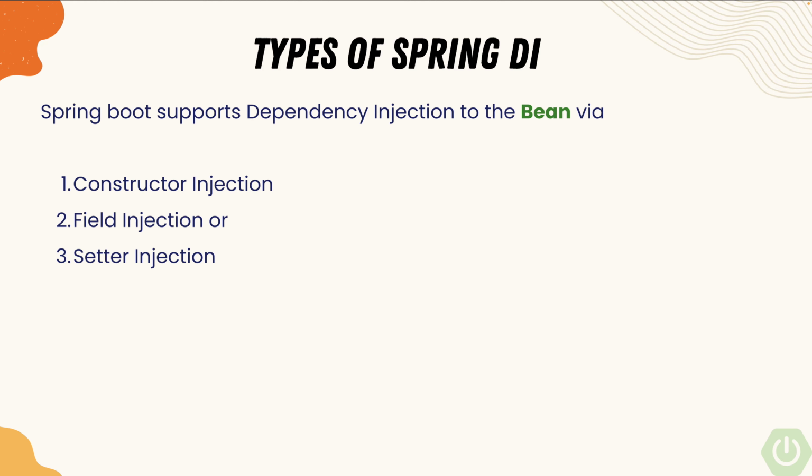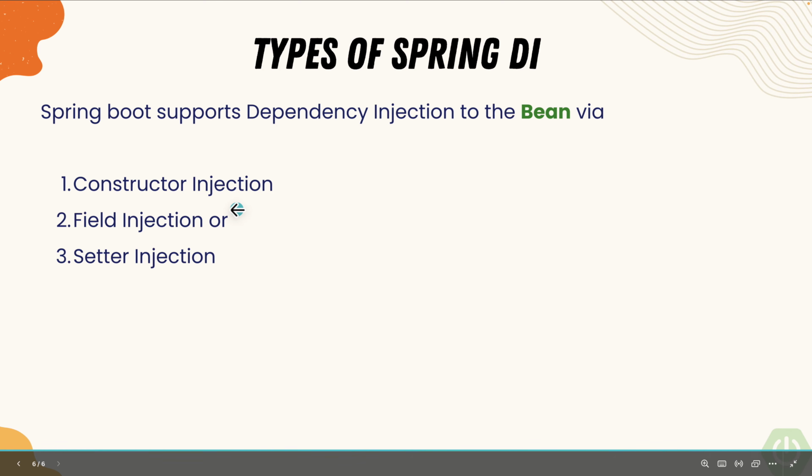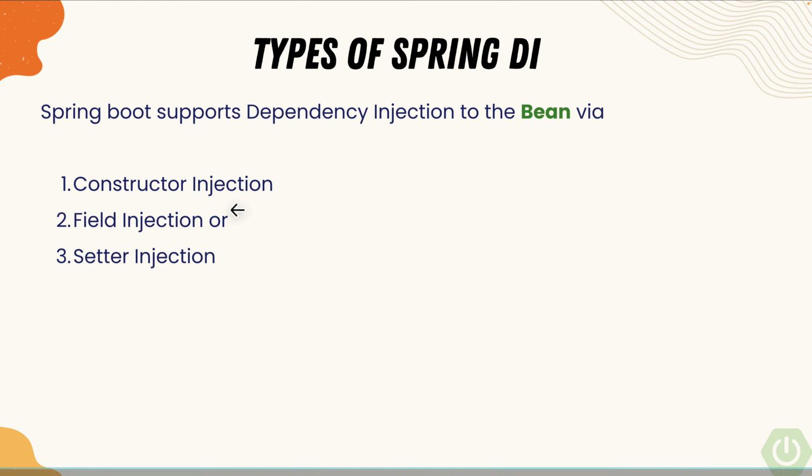So that's how these dependency injections are done. And the most recommended type of dependency injection is constructor injection, and we will talk about these types of Spring dependency injection in a later part of this particular section. But for now, this is just a high-level glimpse of what types of dependency injection Spring supports or offers. Well, as I said, we are going to discuss even more about what this Spring Bean is in our next lecture.